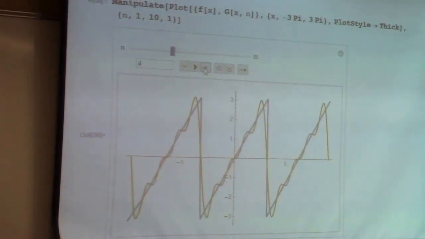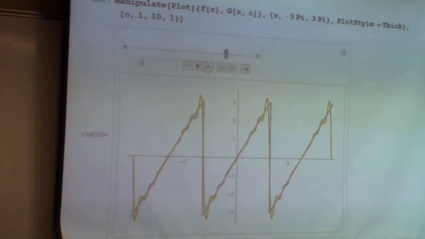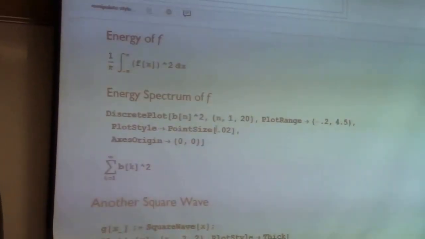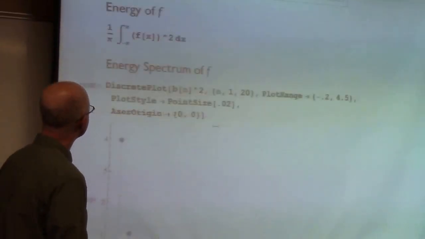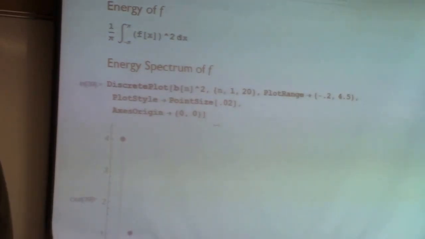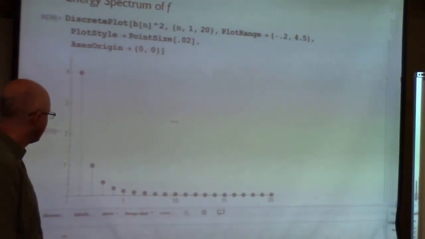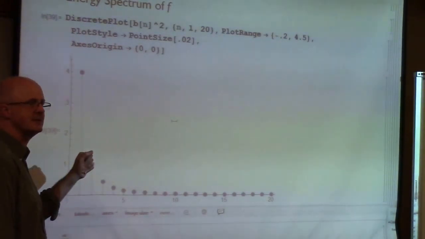Step forward, you get better and better overall approximations to that sawtooth wave. And the energy spectrum, once again, shows you what kinds of harmonics are kind of hidden in that sound. Lots of them, actually. That sawtooth wave has a good amount of its energy in lots of different frequencies.